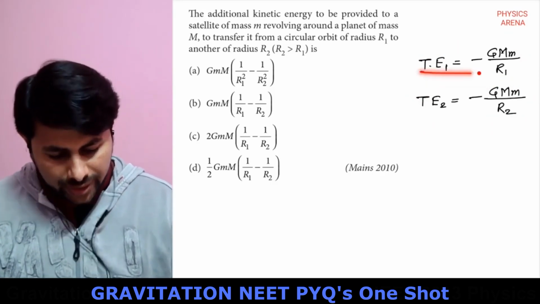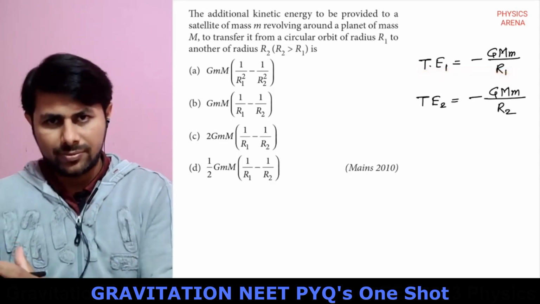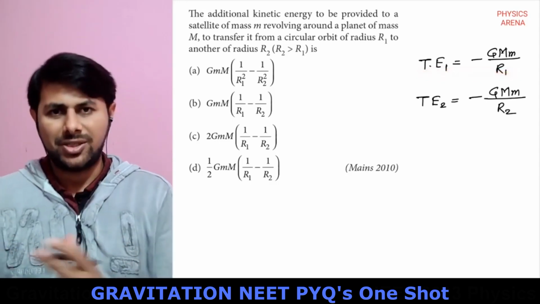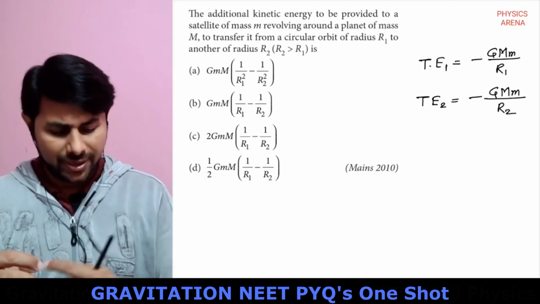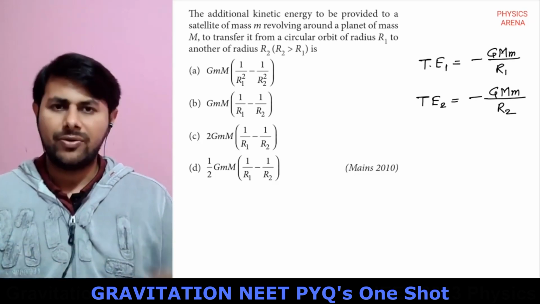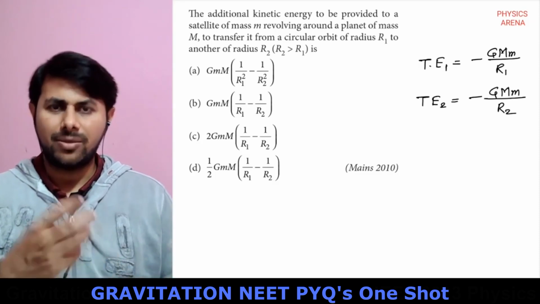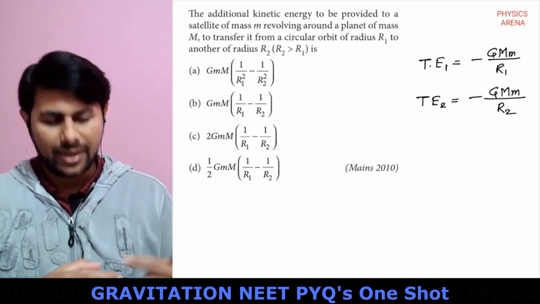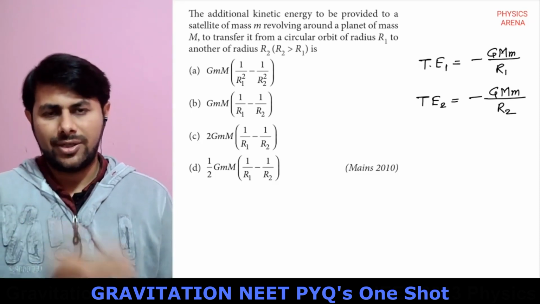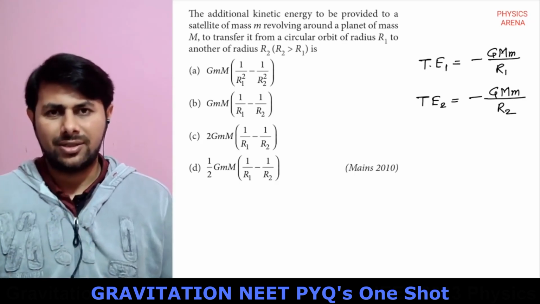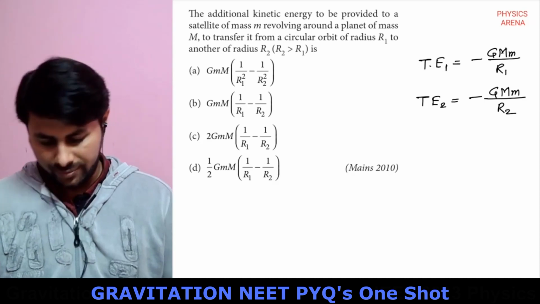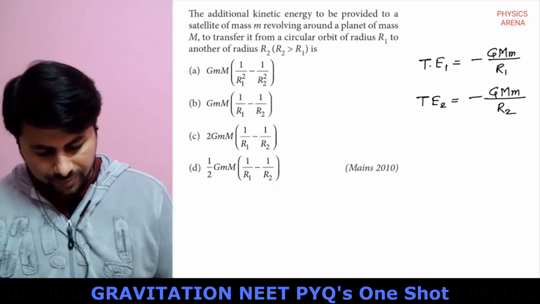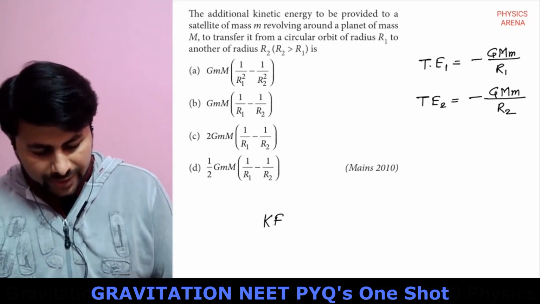So it has some total energy when it is revolving at radius r1, and some total energy when it revolves at radius r2. So the difference between these two energies is the extra kinetic energy that you have to give. Yes or no? So how much is the extra kinetic energy?